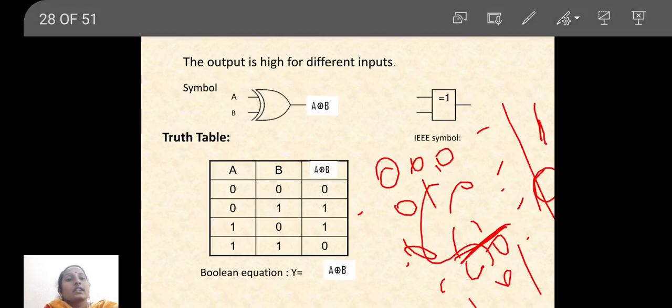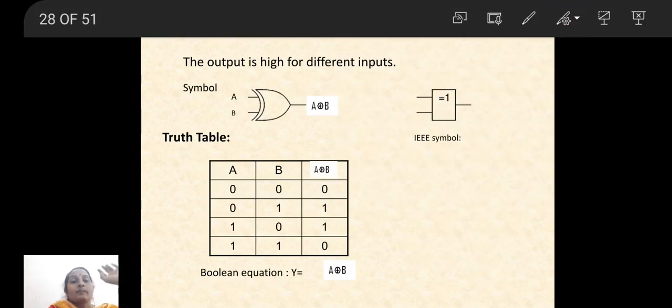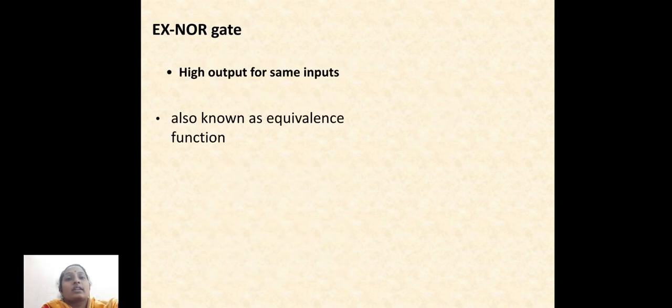So what is the logic involved in the exclusive OR gate? If an odd number of inputs are high, the output is high. If an even number of inputs are high, the output is 0. So this is the truth table of the exclusive OR gate.